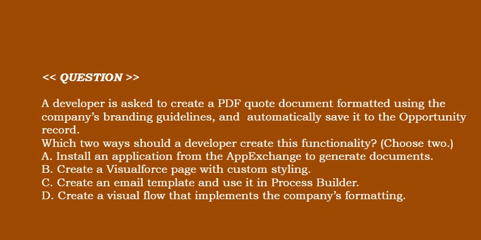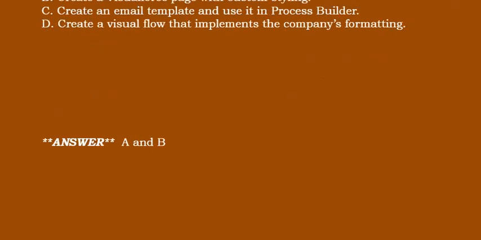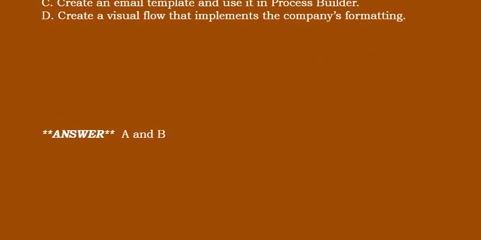Option B. Create a Visualforce page with custom styling. Option C. Create an email template and use it in Process Builder. Option D. Create a visual flow that implements the company's formatting. Correct answer is option A and option B.